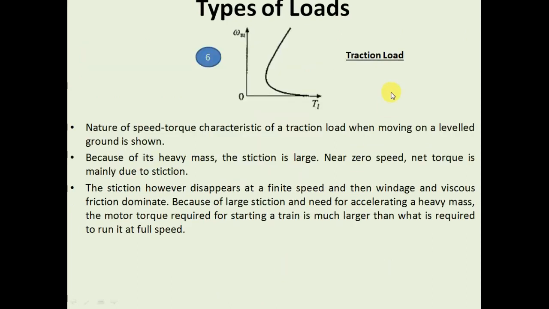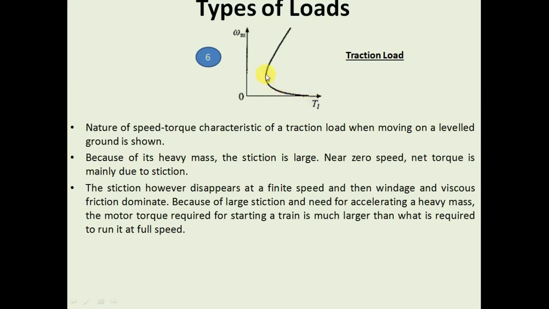And the next case is traction load. So in traction load, in order to accelerate such a heavy mass, the developed torque in the motor must be able to compensate the large stiction component of the friction which is present at the standstill condition. As the mass is gaining speed, this friction component keeps on reducing.